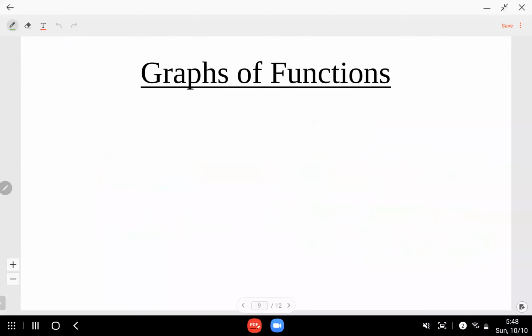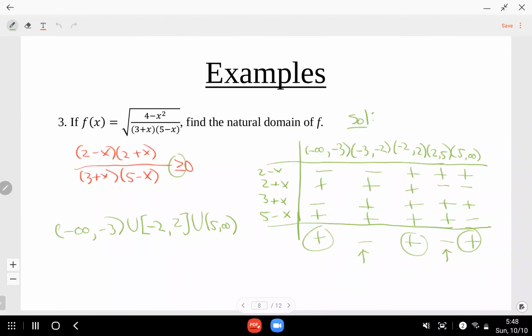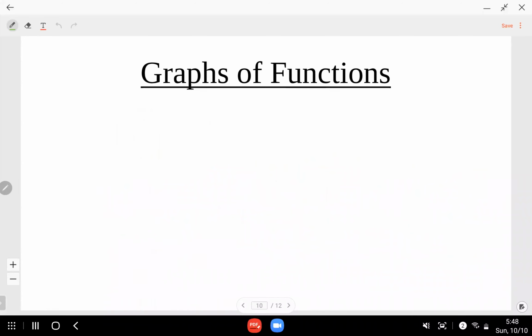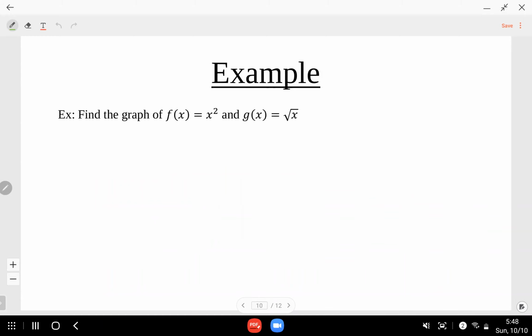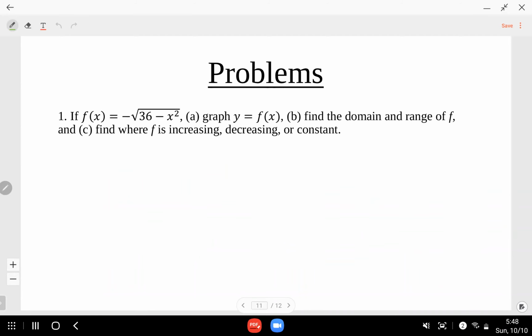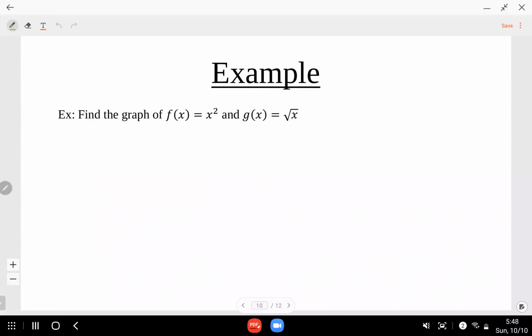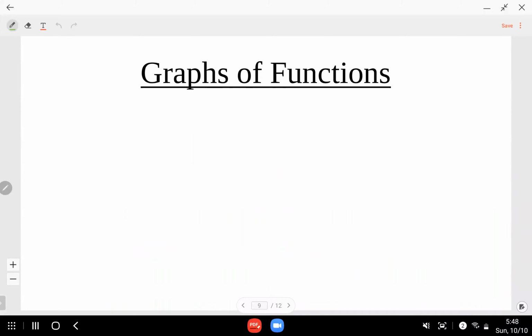So graphs of functions. All right, let's look at some graphs of functions. And we have our last quite hard example here, maybe. So graphs of functions, what you need to do is you just need to graph them.